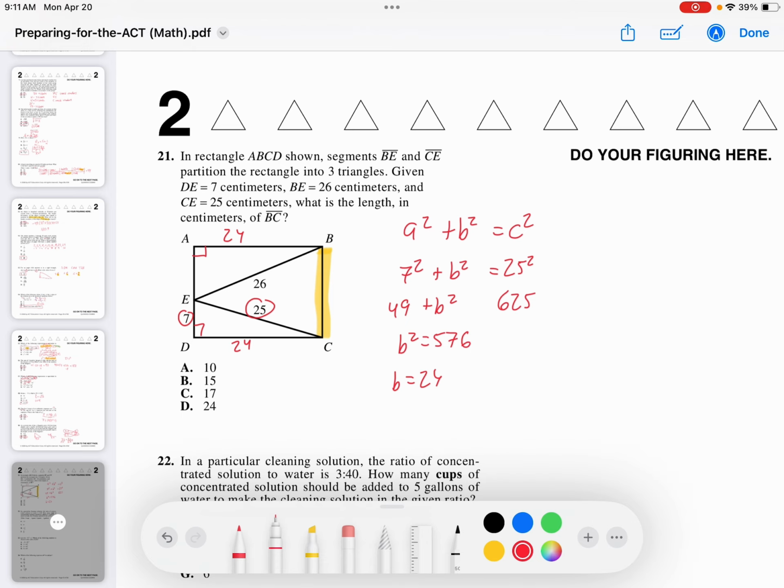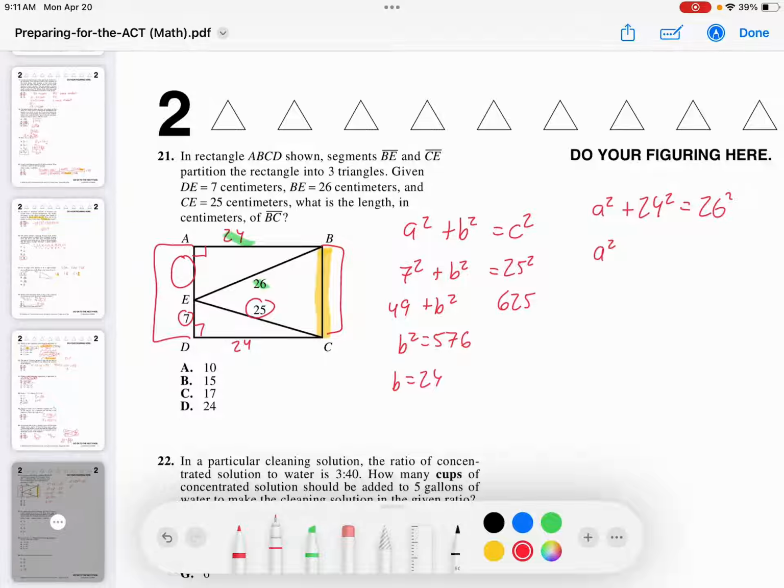So then if I can find the length of this side over here, then I should be able to add them together, and that would give me the same length as this because, again, it's a rectangle. So I can say that a squared plus 24 squared equals 26 squared. Now I'm using these side lengths with the Pythagorean theorem.